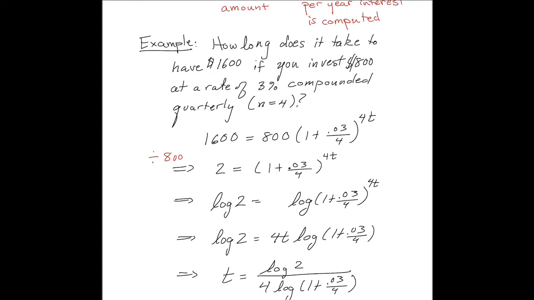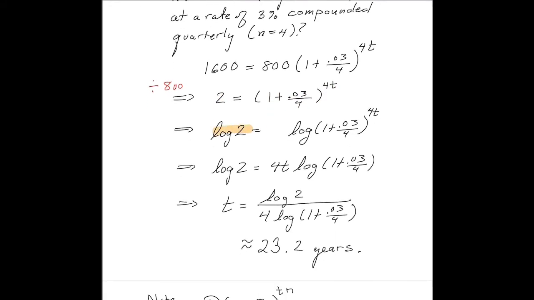So we divide both sides by 800. We get a 2 on the left-hand side. And this is now what we have on the right-hand side. We change the base of the exponent. If you would like to think of that as applying logarithm to both sides, that's fine. So I'm going to just do that here.